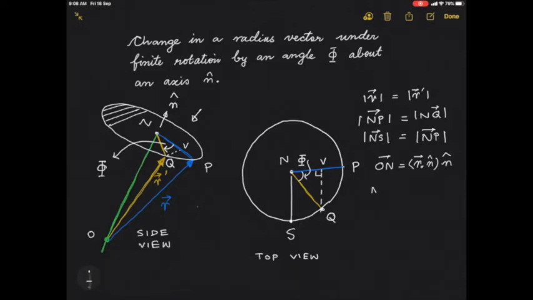You'll agree that the vector NP is then the vector OP minus the vector ON. Vector OP is nothing but R, and ON we have just calculated.